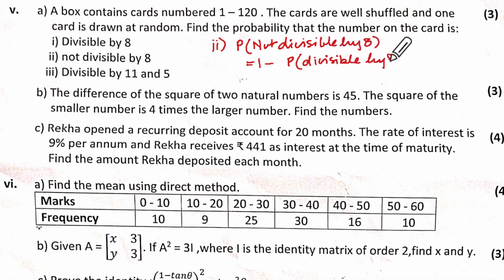Now remember, we are going towards getting full marks. So here I'll write the reason. Since probability of the event plus probability of E bar, means not being the event, is equal to 1.